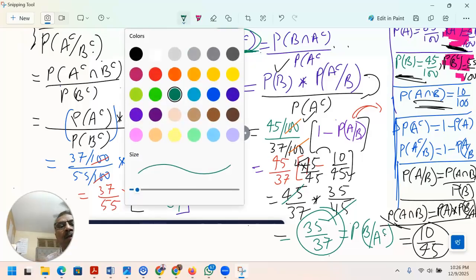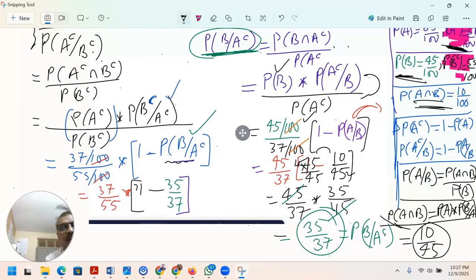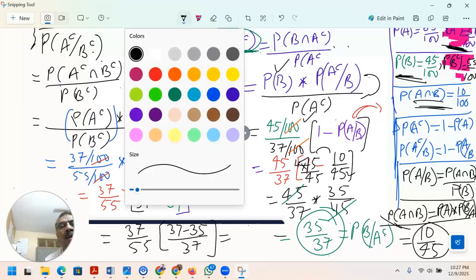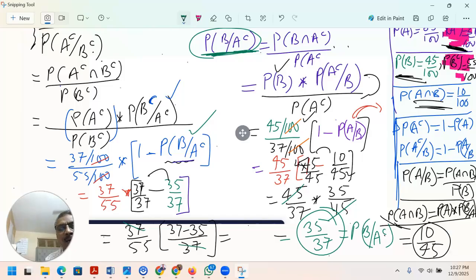Now, because there is a 37, I multiply 37 here and divide also by 37, so then you get a common denominator. This is 37 over 55, and then this will be 37 minus 35 divided by 37, and you can clearly see we can easily cross out this 37.